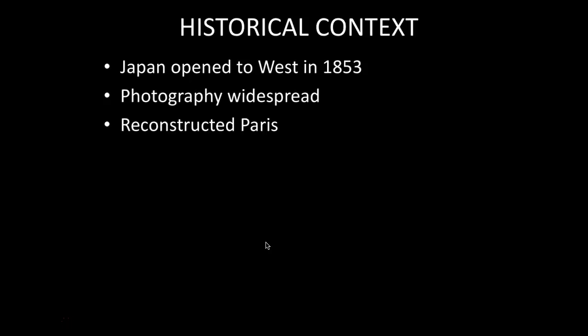Okay, and then Paris is going to be reconstructed. Like I had mentioned before, Paris had gone through multiple revolutions during, obviously, the revolution in 1789, but also the July Revolution of 1830, revolutions of 1848. There was a lot of civil unrest in the decades that followed as well.